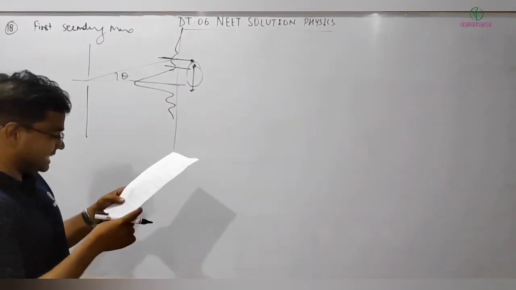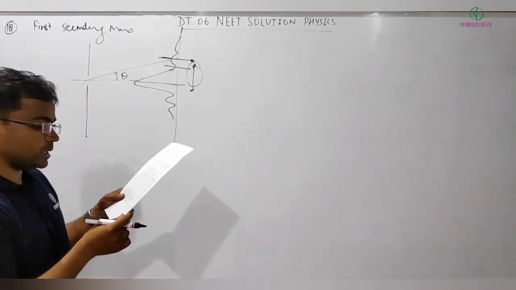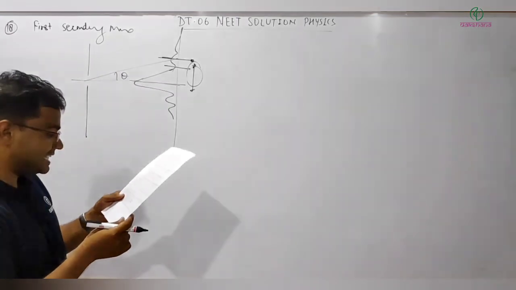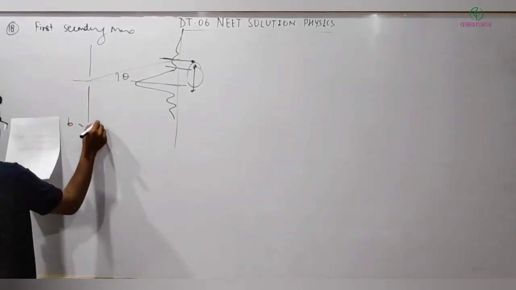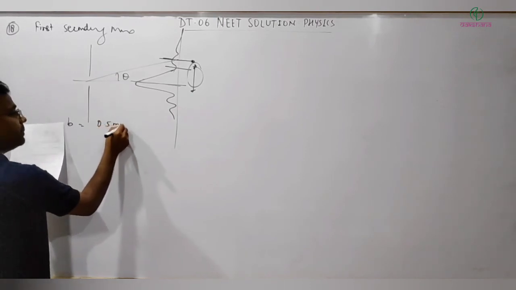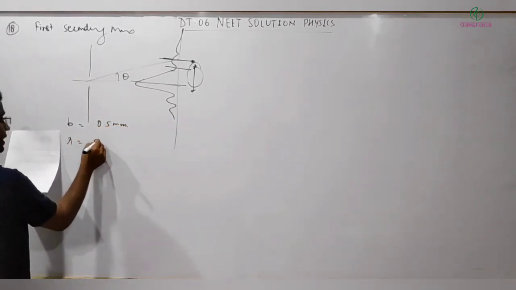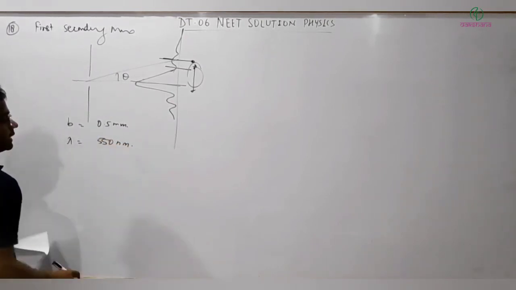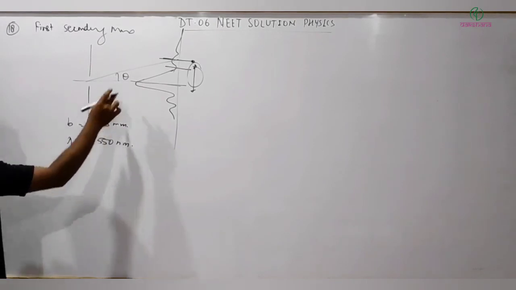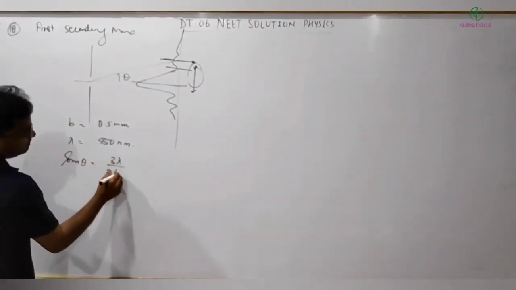Next, question number 18. What will be the angle of diffraction for the first secondary maxima due to diffraction at a single slit of small width? Here the width is given as 0.5 mm, and the light wavelength lambda is given as 550 nanometer. We must know that sine theta for the first secondary maxima is given by 3 lambda by 2 times d.